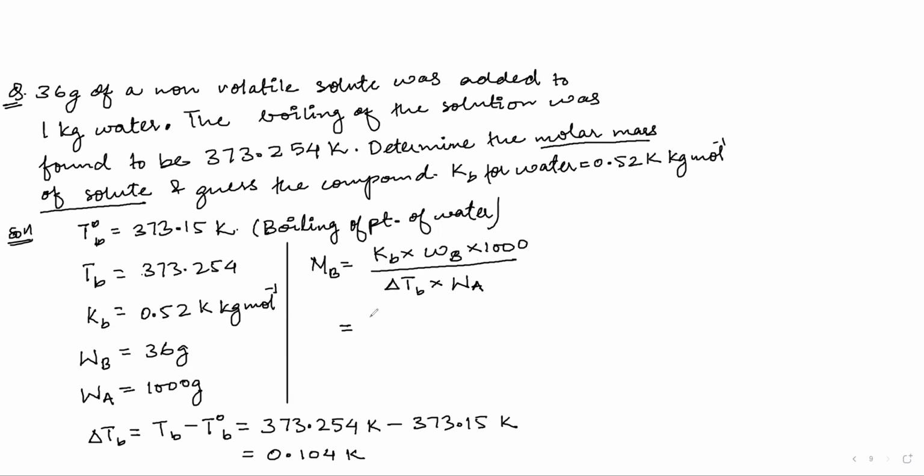KB is equal to 0.52, into WB which is 36, into 1000, upon delta TB which is 0.104, into WA which is 1000. So this 1000 cancels out, and this will be divided by 2 now.